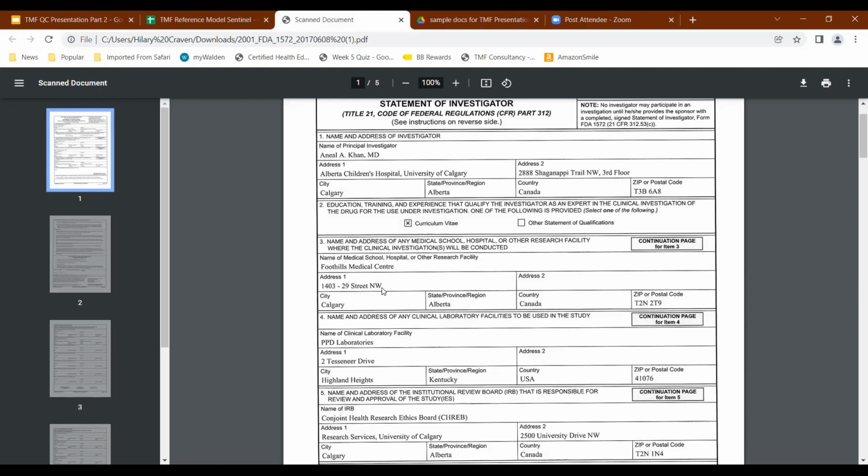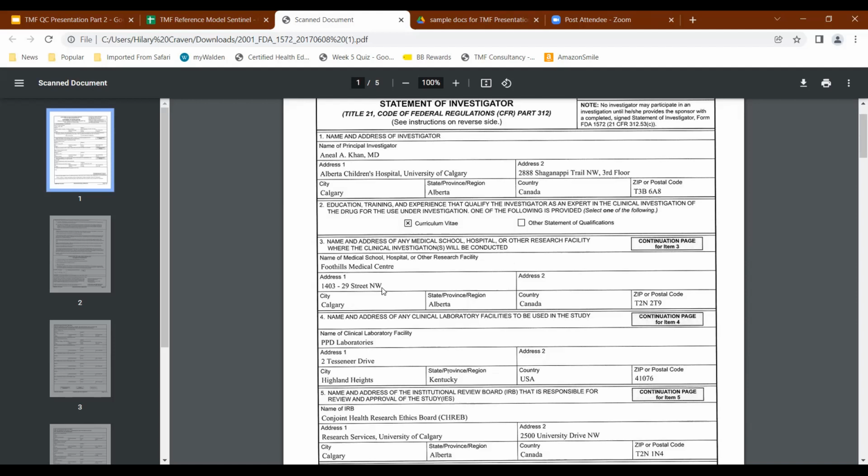They were just really focused on running the trials. And they knew it. They knew that they had not put their effort into the TMF, but they knew they weren't going to try to get any sort of approval for 3-4 years. So they said, we have time. We're going to collect the documents, but we're just going to pile them into a corner. And we know that later we're going to have to spend the money to have somebody go in and do a really good review to make sure we collected everything.